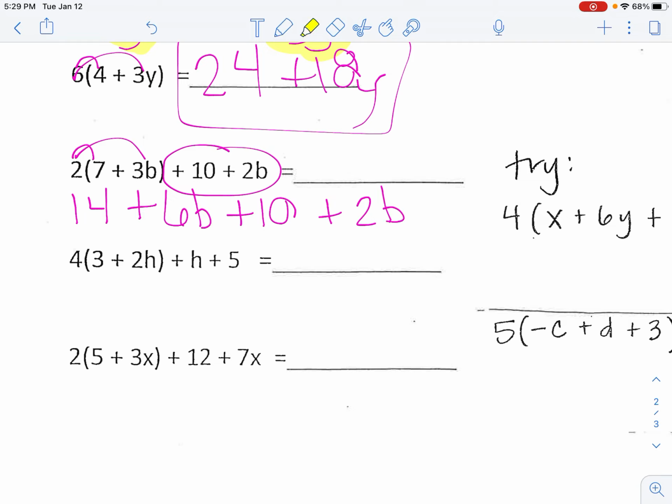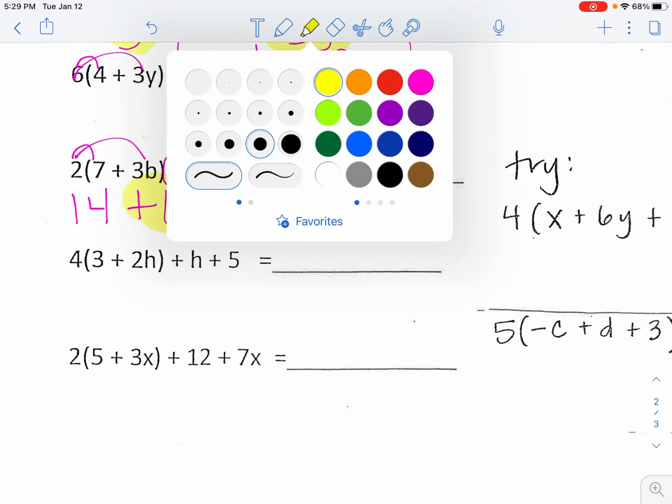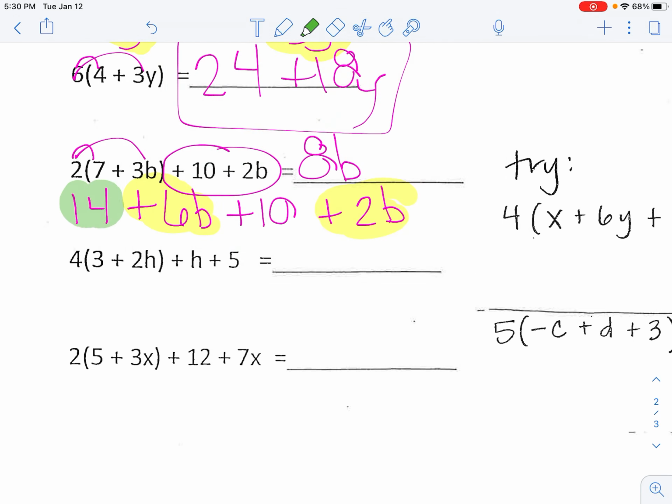Now I'm looking for things that look alike. I've got 6b and 2b. 6b plus 2b is 8b. And I've got 14 plus 10. That's 24.